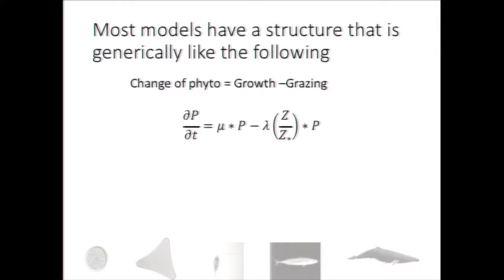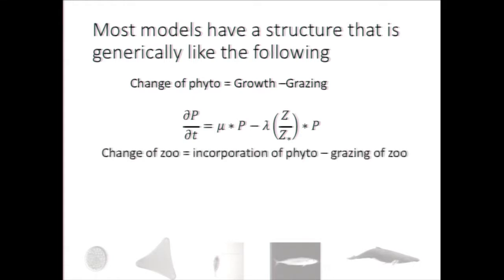The details vary from model to model, but this is a basic structure where you have a growth rate times the biomass, and grazing, which basically depends on some kind of encounter rate between the zooplankton and the phytoplankton. The zooplankton then are governed by some incorporation of this grazing term minus their grazing and loss. And so that has some kind of form like this. Okay.